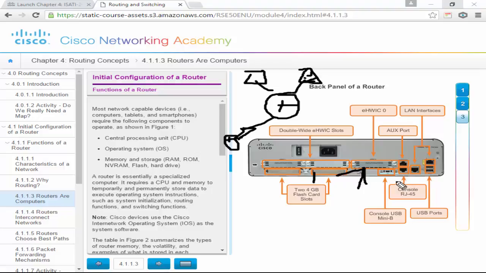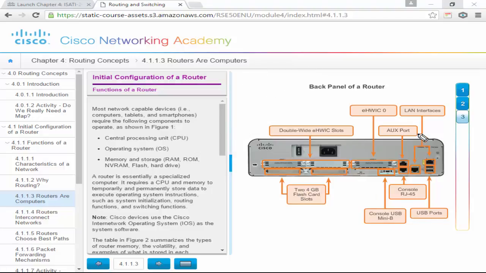We have these, oh no, those are flash spots, sorry. So we only have one WAN module here. Oh no, they're here. We have double wide down here. Never mind, we have more. And then we have flash card backups or whatever, expansions, redundancy of some sort. Okay, so that's the outside of the router.